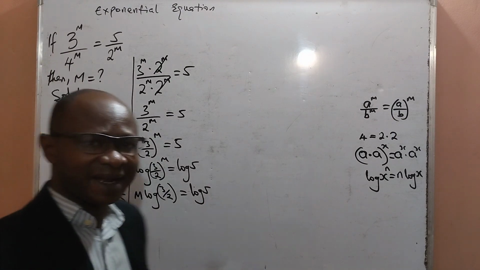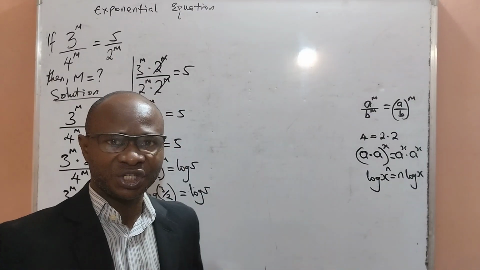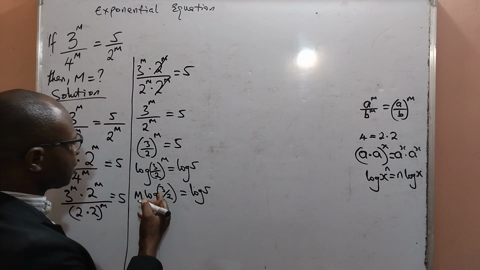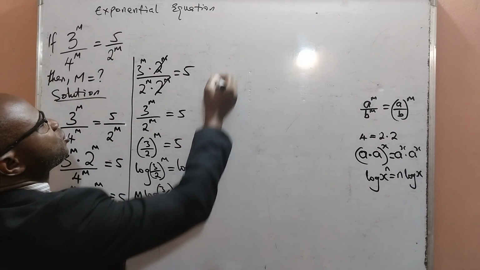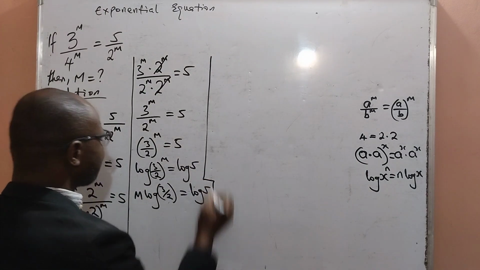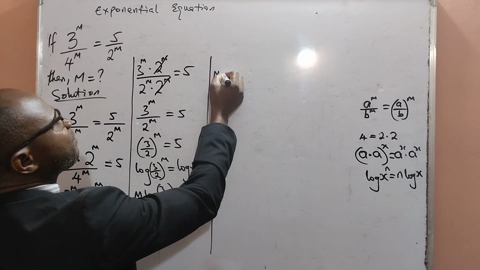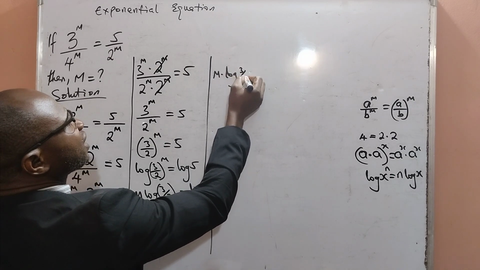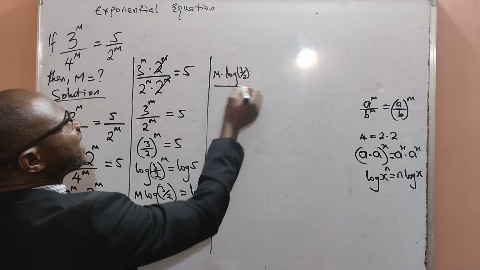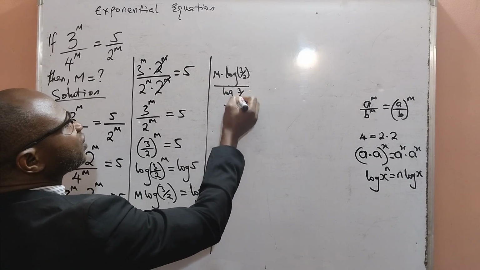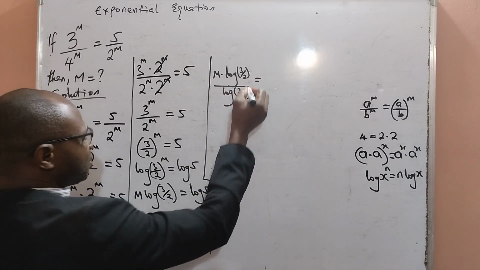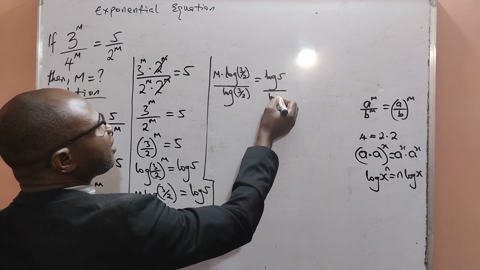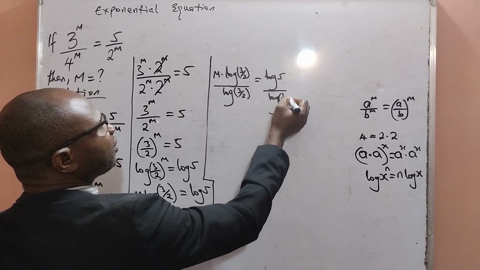At this point, I can divide both sides of the equation at the last step by the logarithm of 3 divided by 2. And that means I will have it written that m multiplied by the log of 3 over 2 divided by the log of 3 over 2 is equal to the logarithm of 5 divided by the logarithm of 3 over 2.